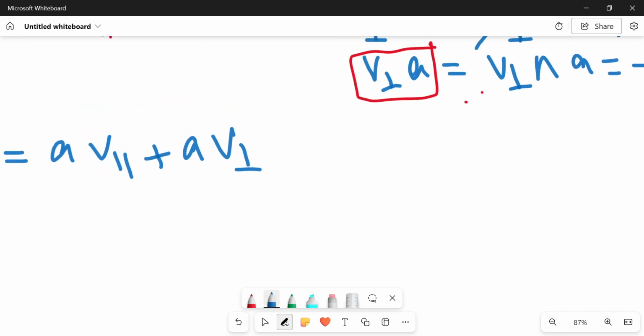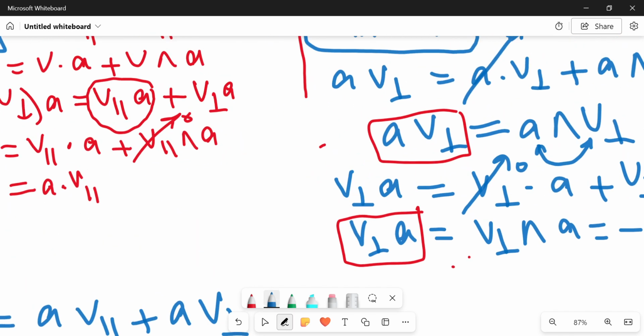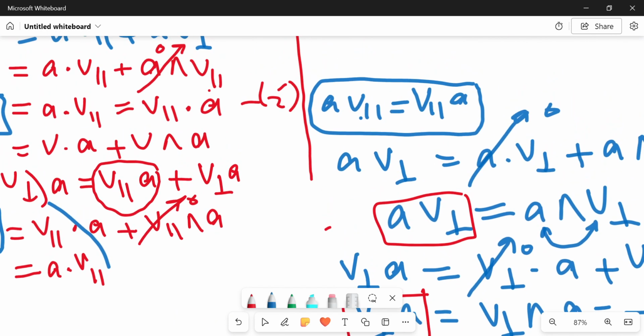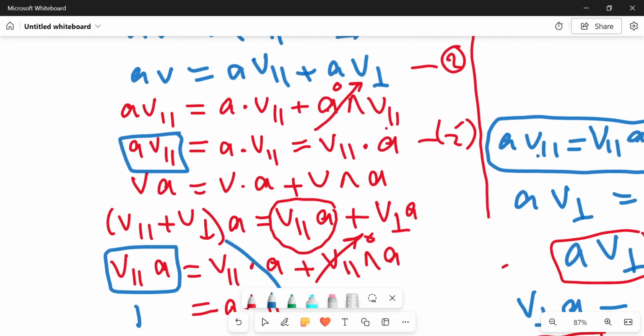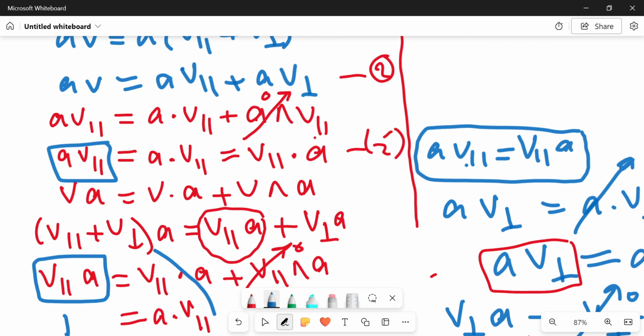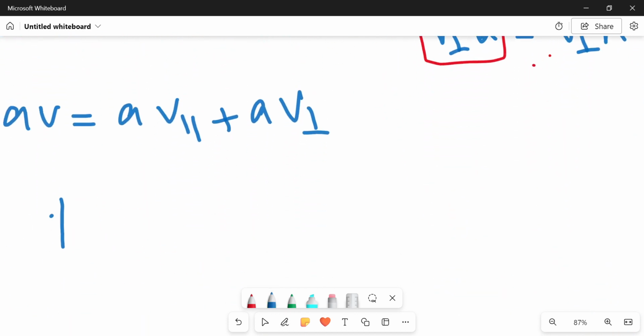We said A V is A V parallel, equation 2, plus A V perpendicular.